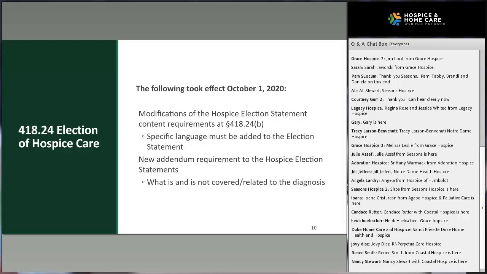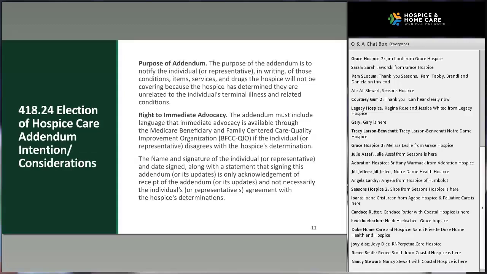A lot of this language is about transparency: what is covered, what is not covered, and what is related to the diagnosis and what is not, so there isn't any confusion. That is why we're talking about transparency and adding that to the hospice benefit election statement.